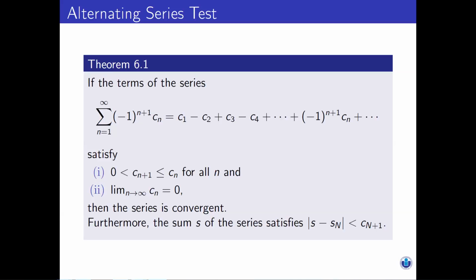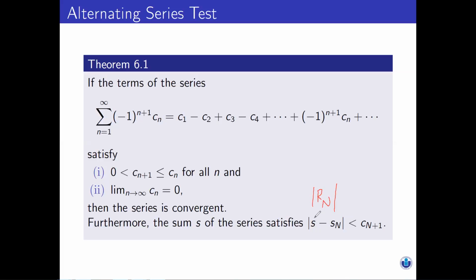And furthermore, you have an estimate for the remainder. You see, this is exactly the R n that we defined before. But remember, now our series is not a positive series, non-negative series. So this is the absolute value of the remainder term, since the remainder can take positive or negative value.